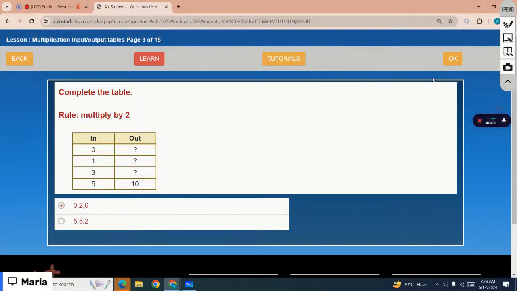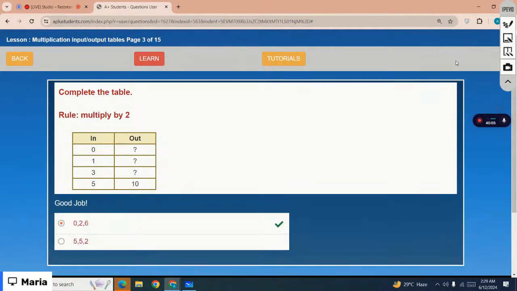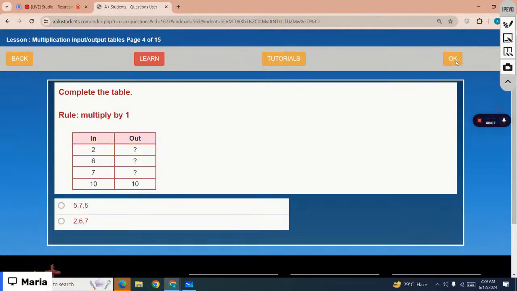Option number 1 is the correct option because the rule is you have to multiply them by 2. Multiply by 1, which is the correct option.